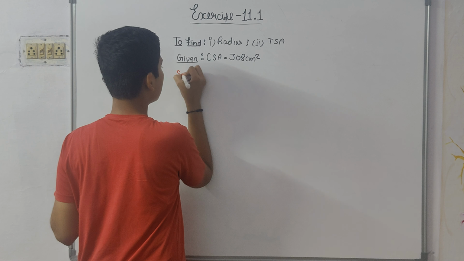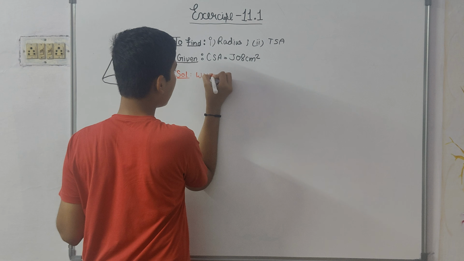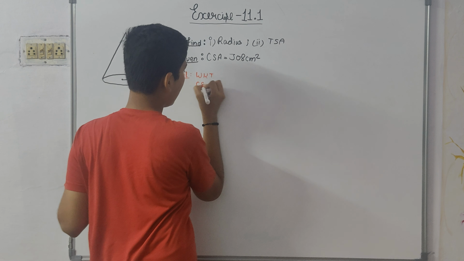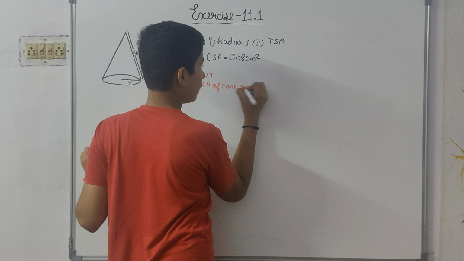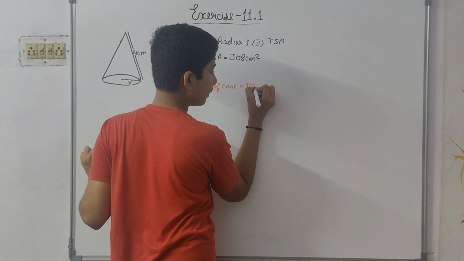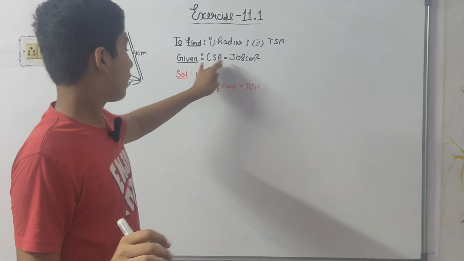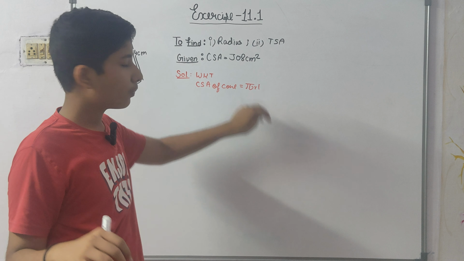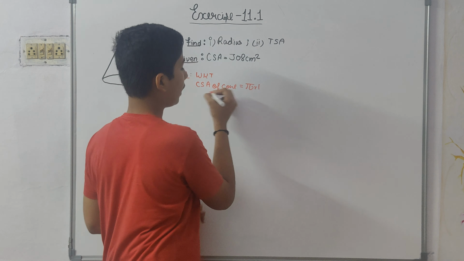So solution. Here we know that CSA of cone equals pi RL. You know that the curved surface area of a cone is pi RL. Now the CSA value is given, so it is 308.